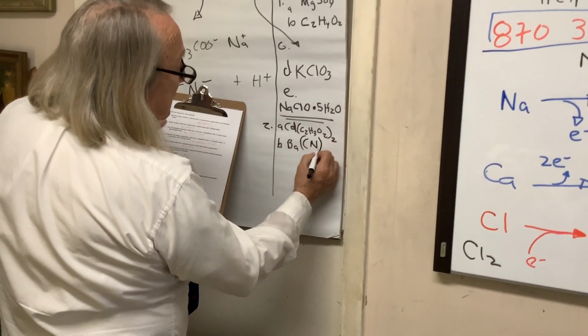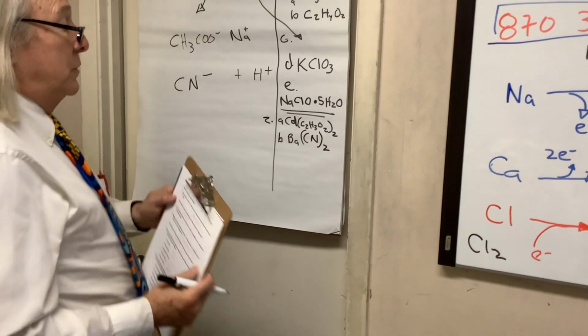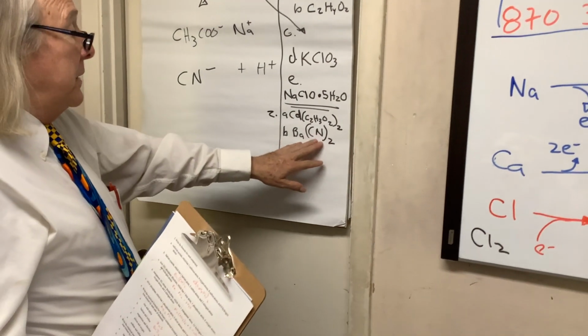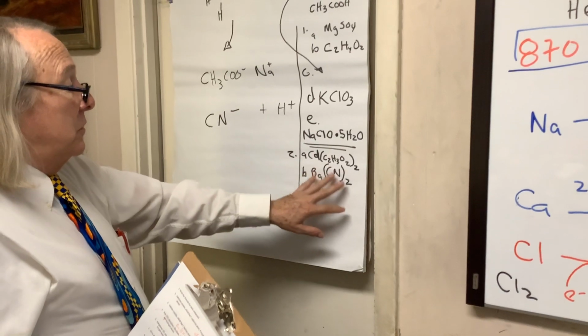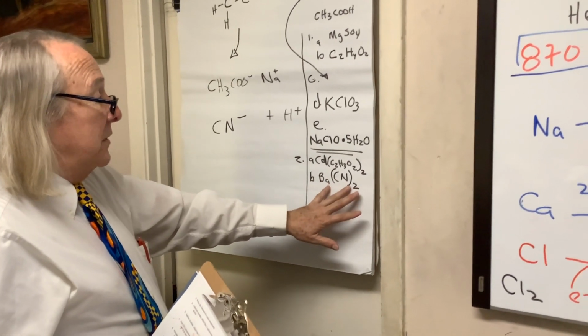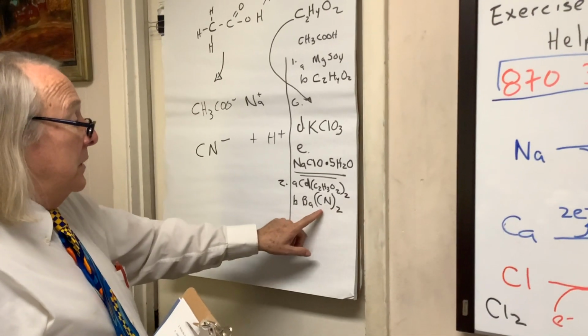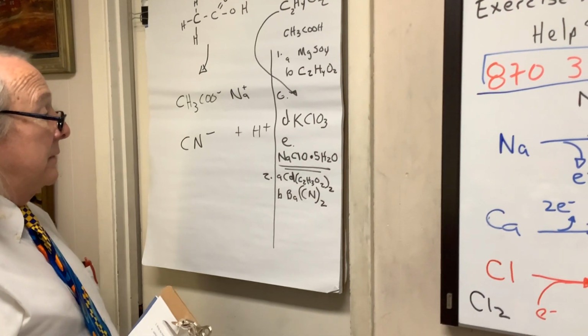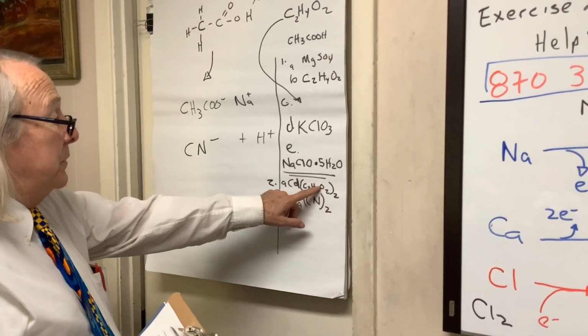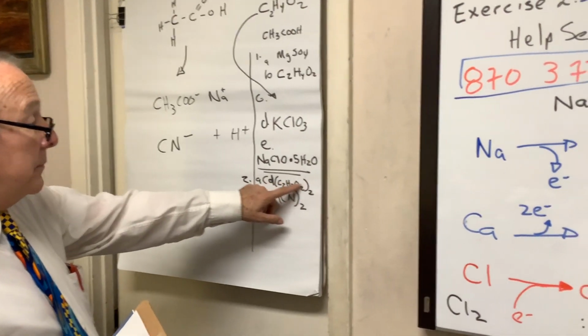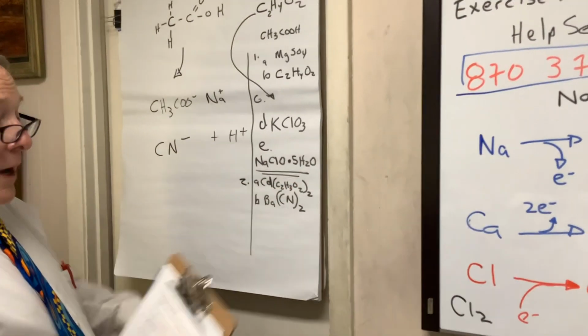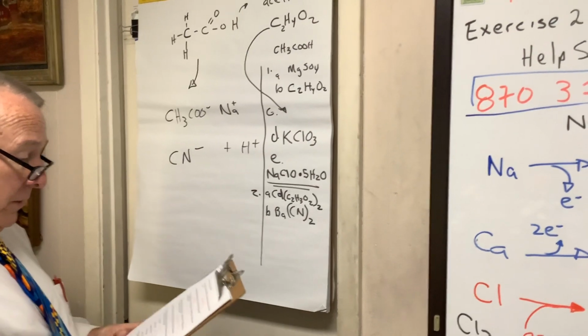I put it in parentheses and put a 2 there. So my polyatomic ions, where these atoms all stay together, is set apart by parentheses, and the subscript indicates how many of them I have. The same way the subscript after each atom or element depicted tells you how many atoms of that element there are in the molecule.